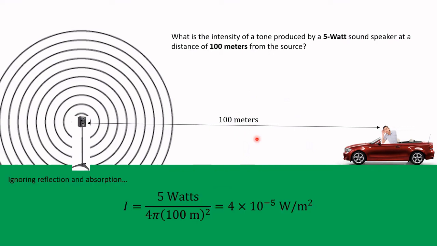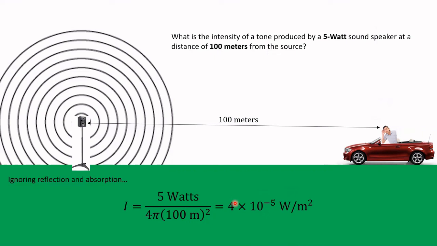Let's find out. It's a very simple application of the formula. We take the 5 watts, we divide it by the surface area of the giant imaginary sphere that intercepts the person's eardrum, and I find a very small number. So you could put another negative power of 10 and then multiply by 10, and you would have 40 millionths of a watt.